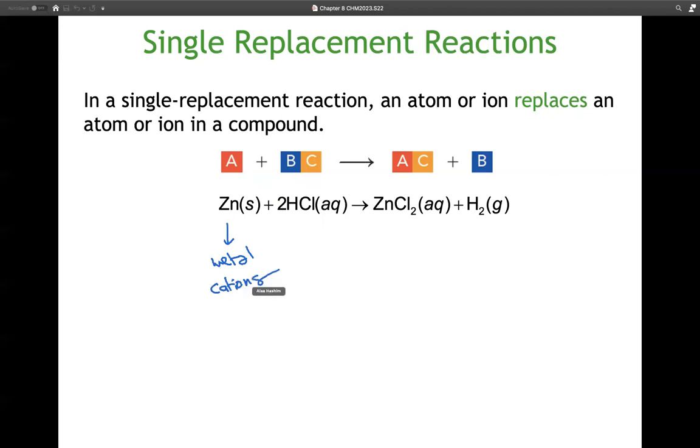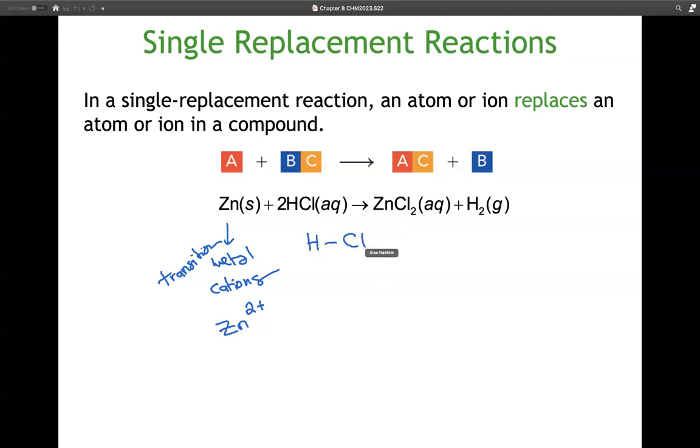Zinc is specifically a transition metal, and if you recall, transition metals have variable charges, but zinc is one of the transition metals that will always carry a +2 charge.